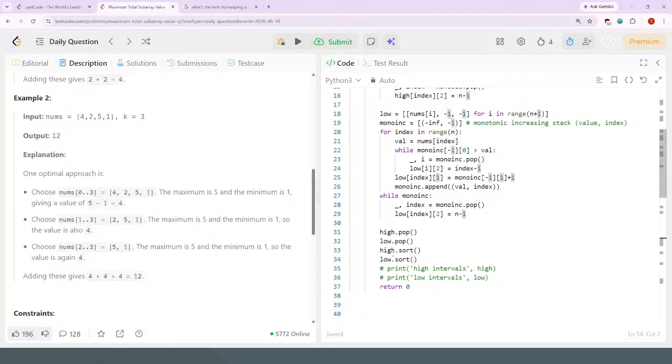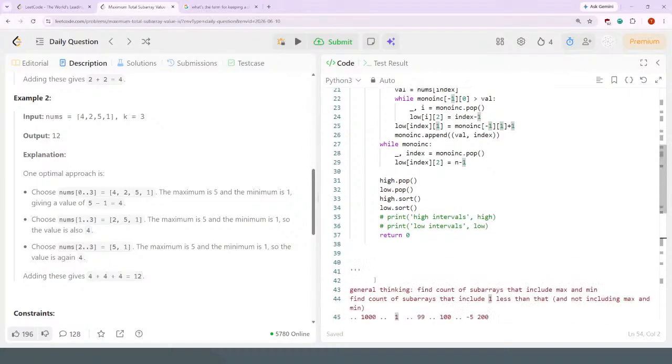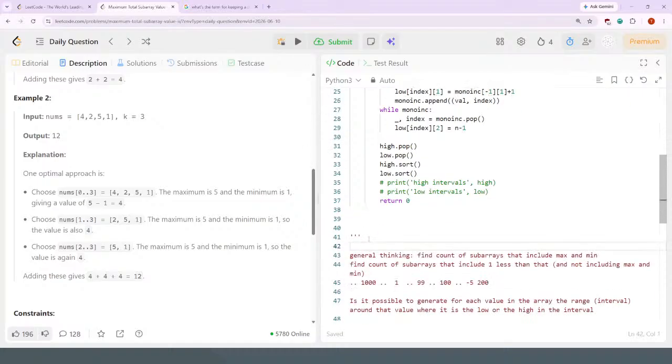Well, maybe it looks something like this. Like maybe 3, 2, 1. Maybe 5, 4, 3, 2, 1. And then 100. 99.